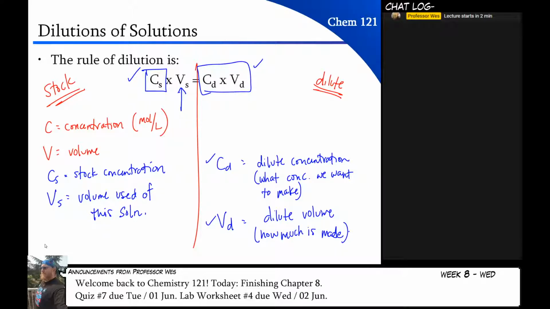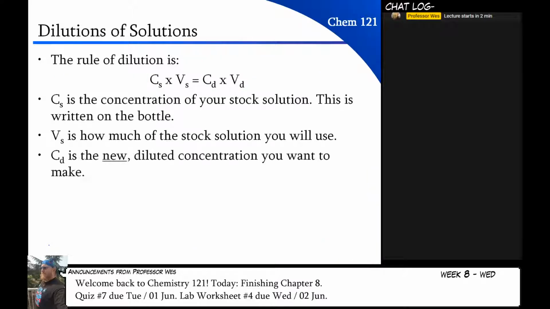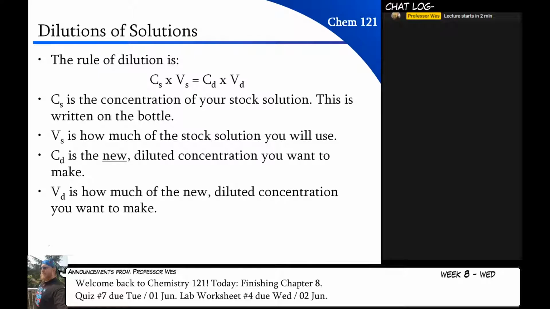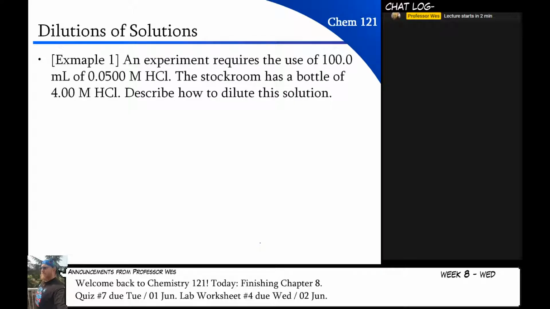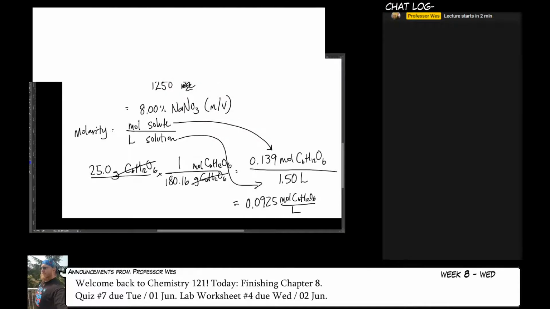So let's do a practice example. These are just descriptions of what those terms are, which we just did. And again, most of the time you're going to solve for VS, not always. But conceptually, you can solve for any term here. Practically, VS is the one that you will solve for. So let's do an example here. Let me get this captured in the window.